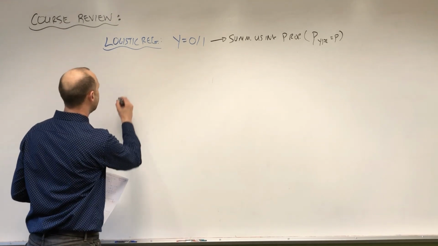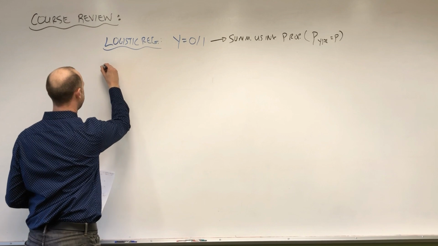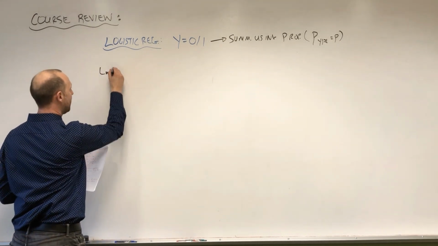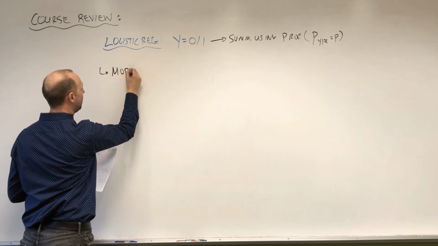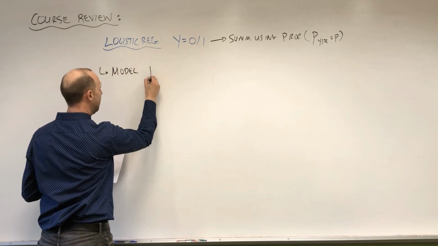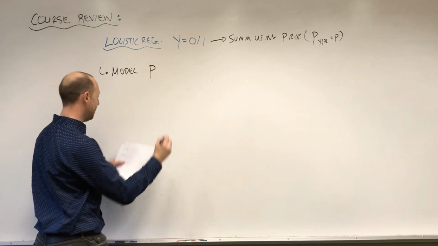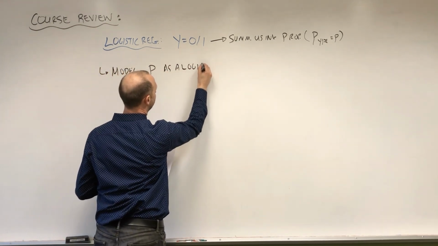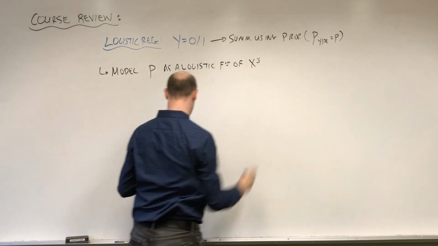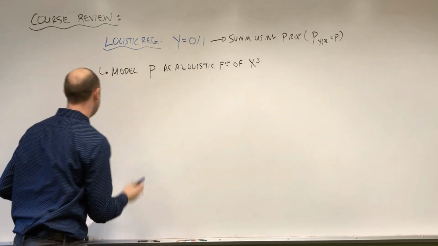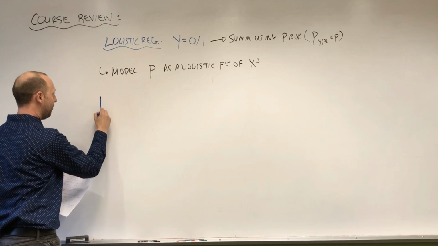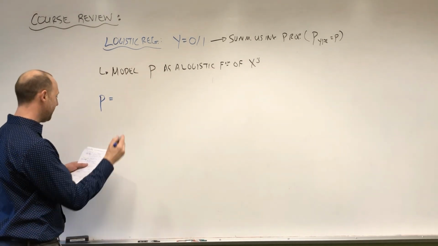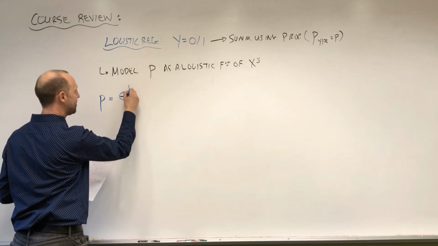We saw that in logistic regression, we can think of this two ways. We can think of it as we're going to model p, the probability of getting the disease, as a logistic function of the x's. So that looks like this here. Model p, what's the proportion with the disease, or the probability of getting the disease, as a logistic function.